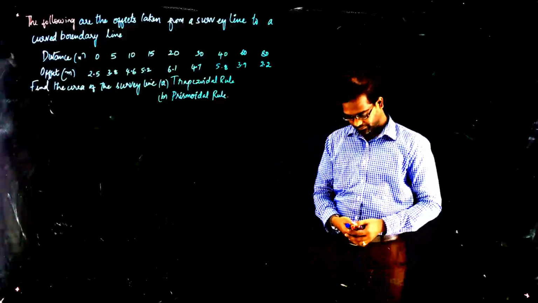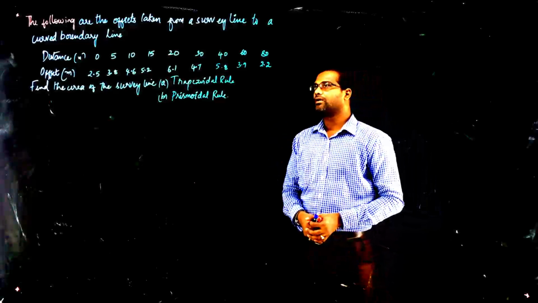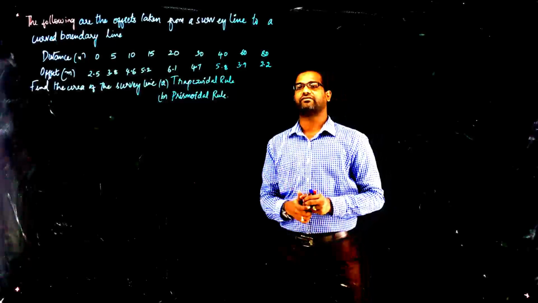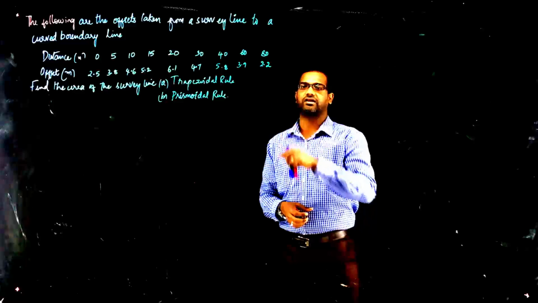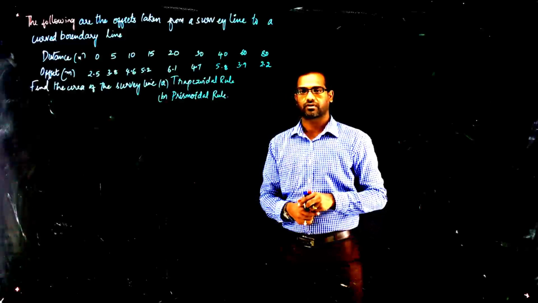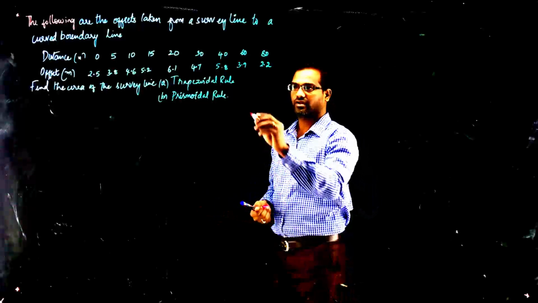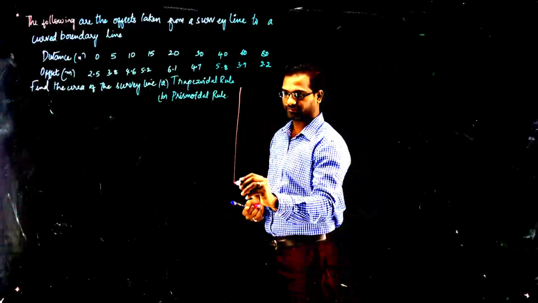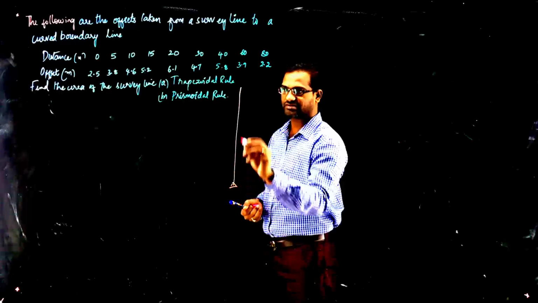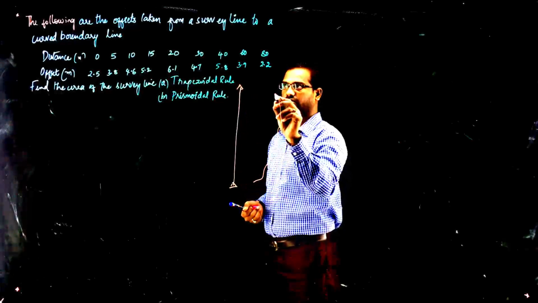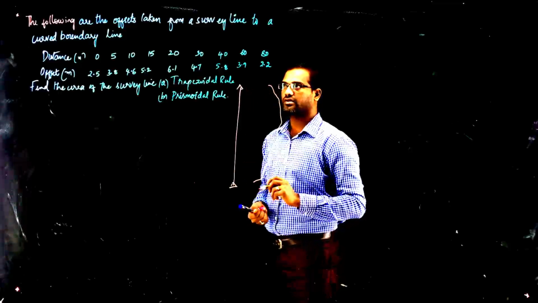In the given problem, there is a survey line. To that survey line, there is an irregular boundary on either side. For example, a survey line is there, maybe something like this, and you have an irregular boundary, right?